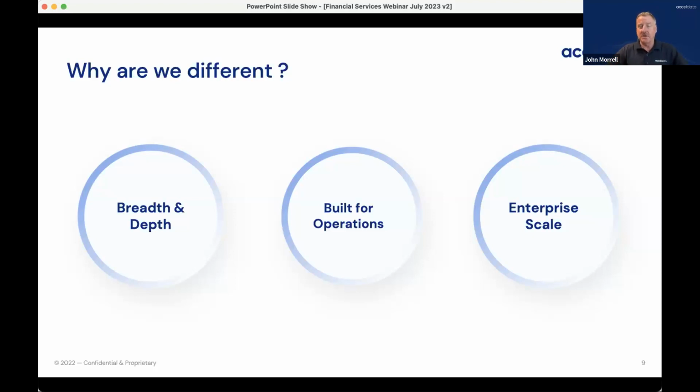We are also built to be operationalized. We are built for operations, and Joe will show you some of our dashboards. We're designed to help people solve problems, be alerted to problems, monitor for problems, see problems immediately when they happen and fix them, so they can make sure your data operations continue to run smoothly, effectively, and in good health. And then the other aspect is we have enterprise scale.